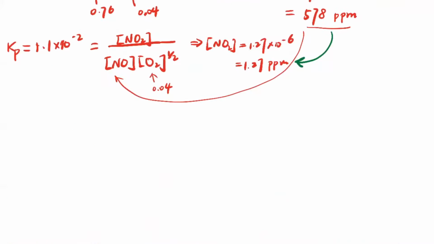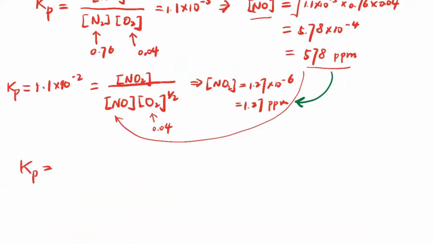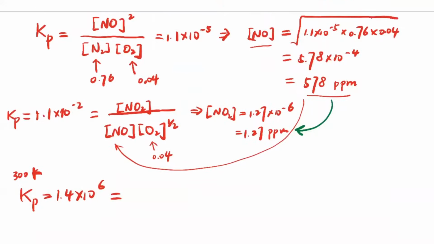So similarly, we can write out this equilibrium constant at 300 Kelvin. That's 1.4 multiplied by 10 to the 6. Okay, so this is 300 Kelvin. Here we're talking about 1500 Kelvin. Okay, so that is going to be NO2 concentration divided by NO, and then multiplied by oxygen concentration to the power of 1.5.